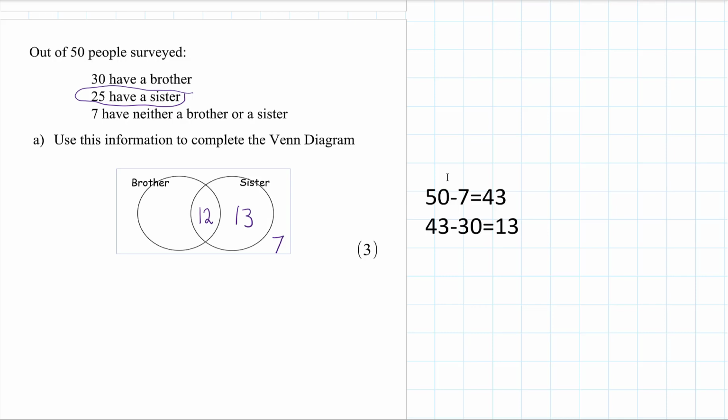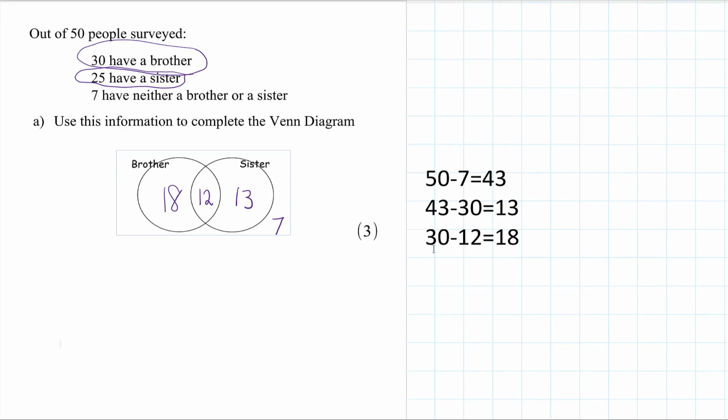And we know there are 30 people who have a brother. So if I'm going to take 12 away from 30, I will be left with 18 people who have just a brother on its own. So that's done.